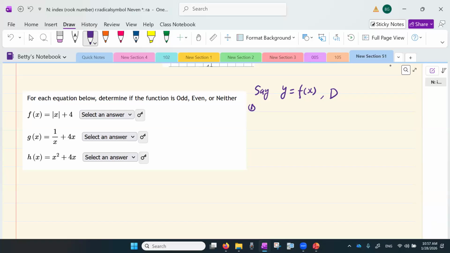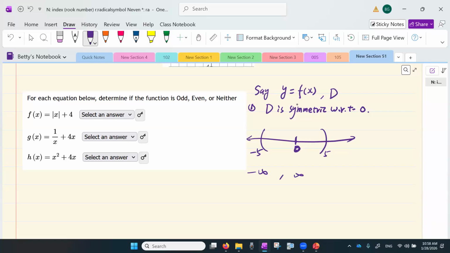The first condition: the domain is symmetric with respect to the origin 0, okay? The domain has to be symmetric. This is the origin. The domain is on the x-axis, right? Maybe from negative 5 to 5, or maybe from negative infinity to infinity, that is symmetric.